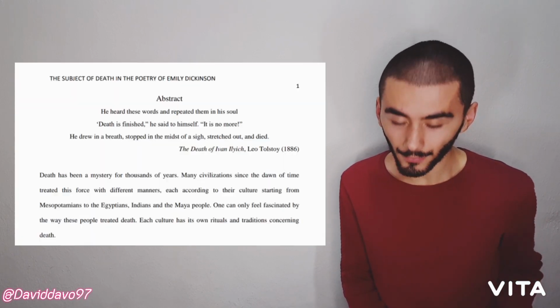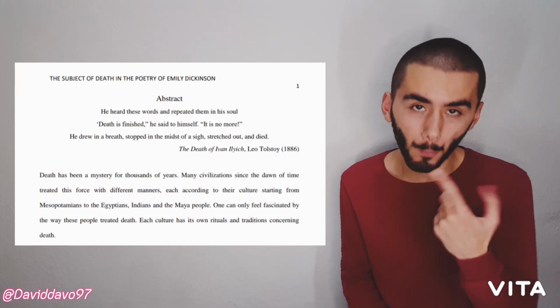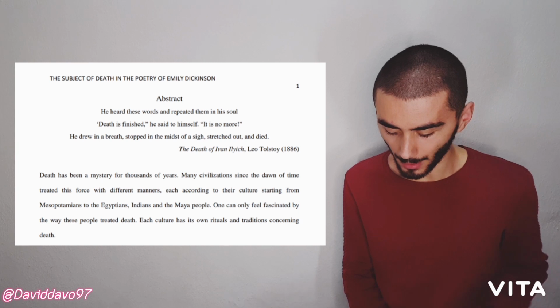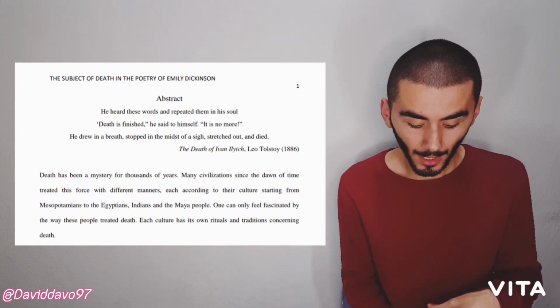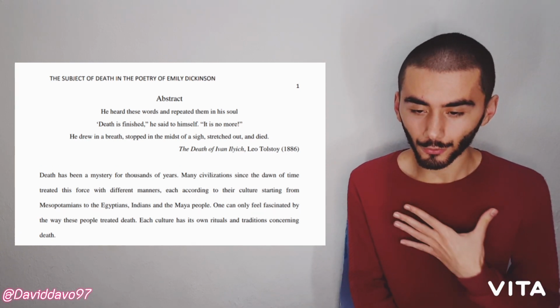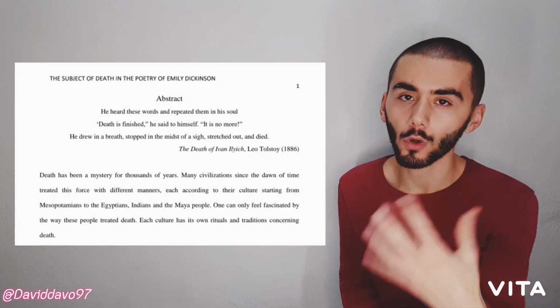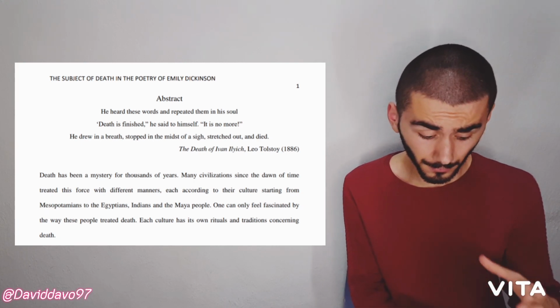Following the page of acknowledgements, we have another important element in any APA system paper, which is the abstract. You can consider the abstract as sort of an introduction. The abstract has to be at least a page, which in my case I've written a page and a quarter, but an abstract is a sort of introduction or a glimpse or an idea of what this paper is going to be about.